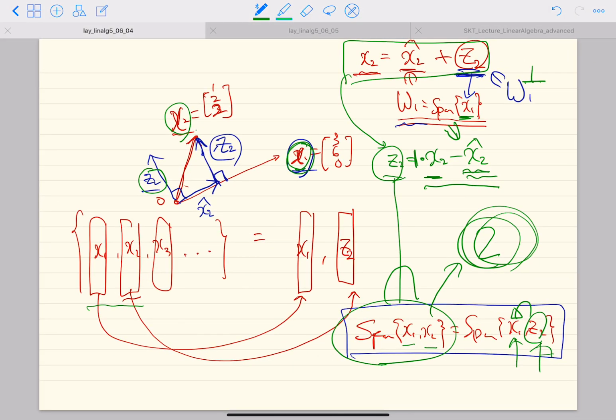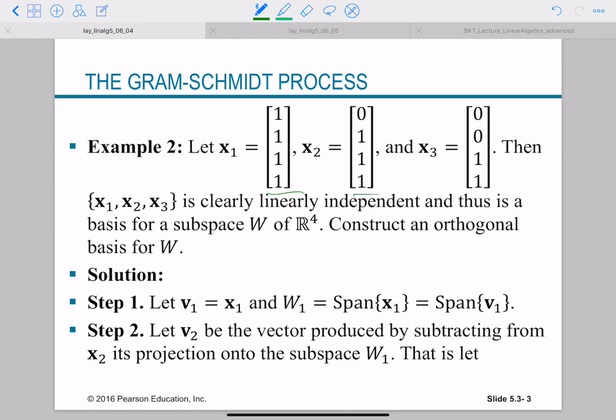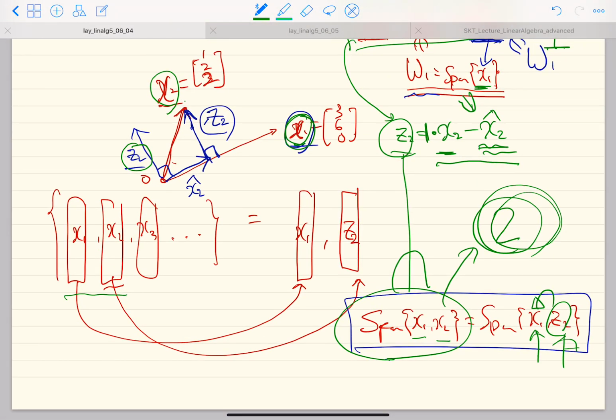Okay, and then let's extend this case into a more general case where we have more than two vectors. In this case the scenario is still the same. So how about x3, which is linearly independent of x2 and x1, but not necessarily orthogonal to x1 and x2? In this case it is the same.